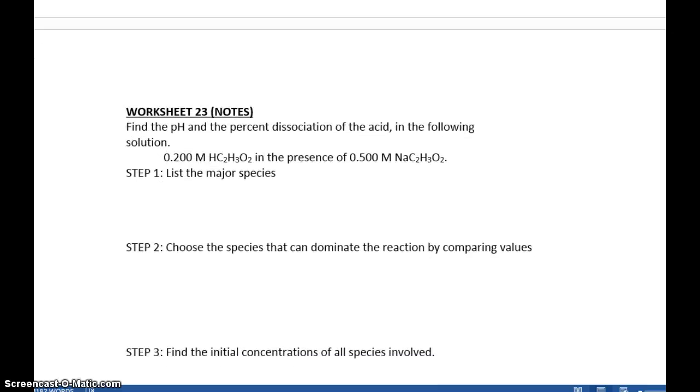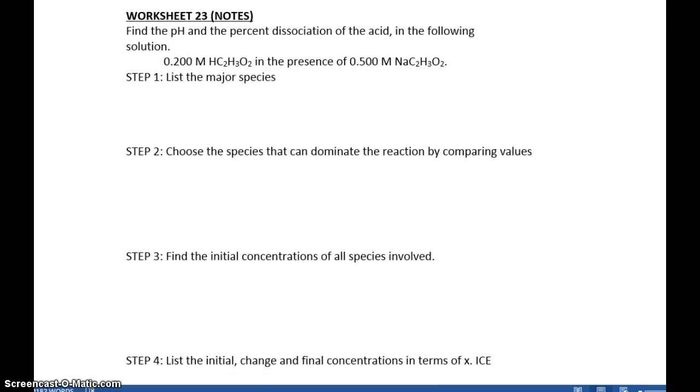So now, find the pH and the percent dissociation of the acid, acetic acid, and it has some NaC2H3O2 in it, some sodium acetate. The Ka is still the same from the previous problem, which you'll need to have. Ka is still 1.8 times 10 to the minus fifth.